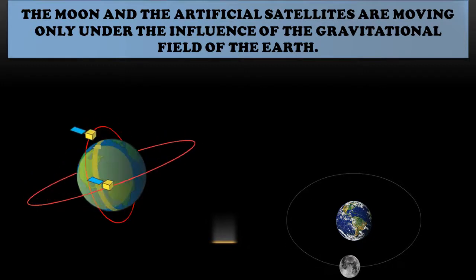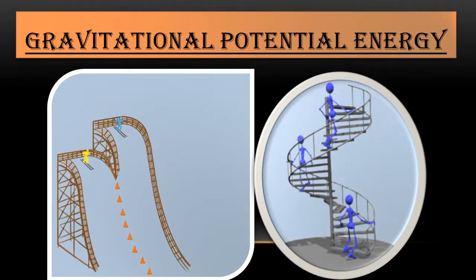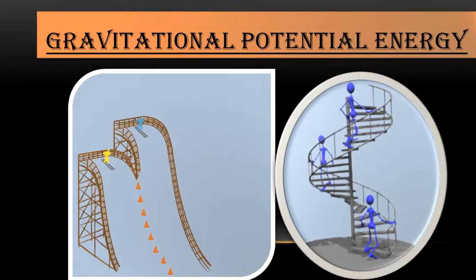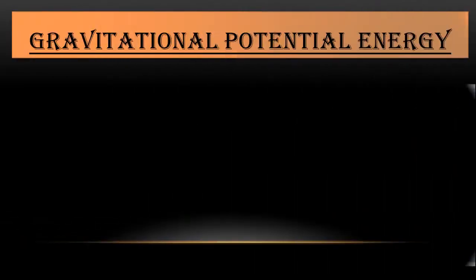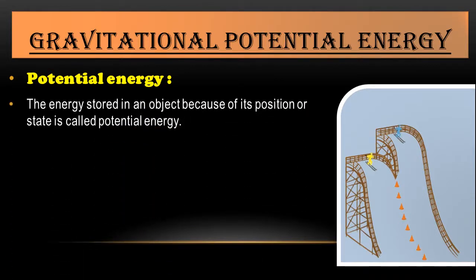Now let's study our next topic, that is gravitational potential energy. So now let's first see what potential energy is. We have studied potential energy in 9th standard. The energy stored in an object because of its position or state is called potential energy.